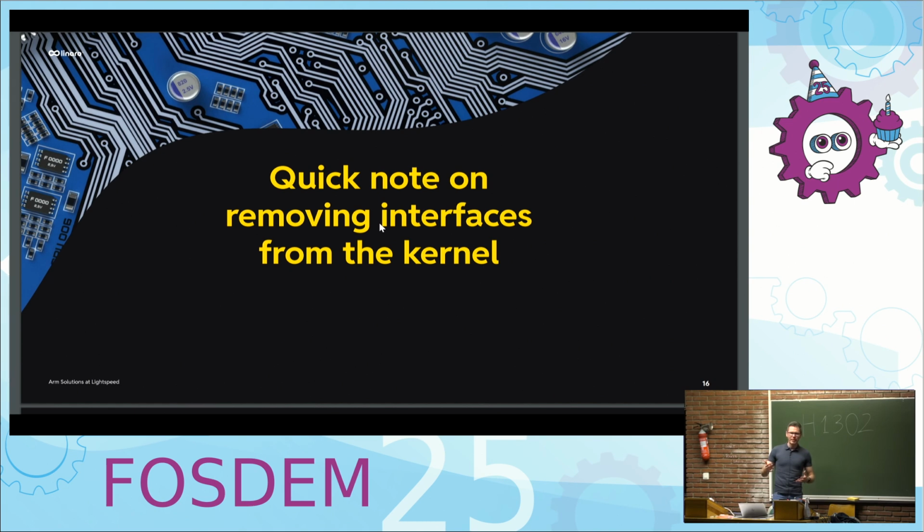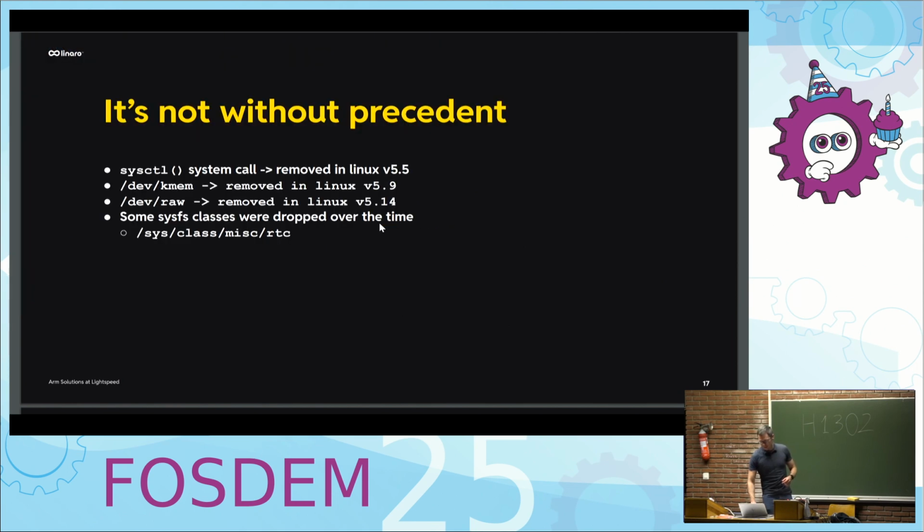It wouldn't be the first time that a kernel interface gets removed. It is true that we're saying, okay, once it's carved in stone, it's API, we will support it indefinitely. But history knows at least a couple of instances of removing existing kernel interfaces. There was the sysctl system call, which was buggy, had problems with buffer overflows, and eventually it was removed.